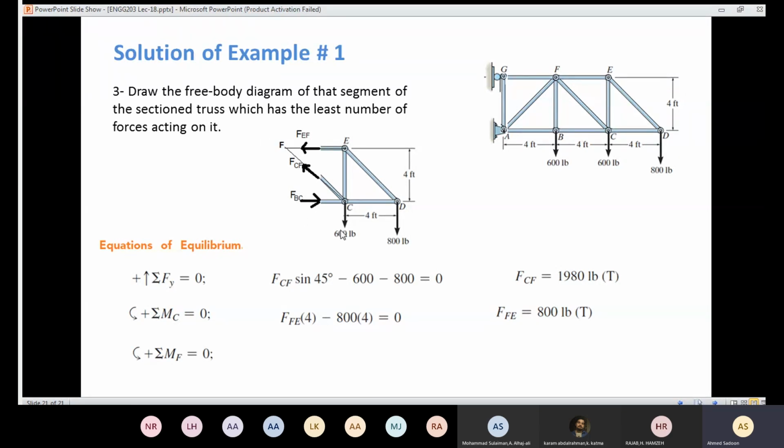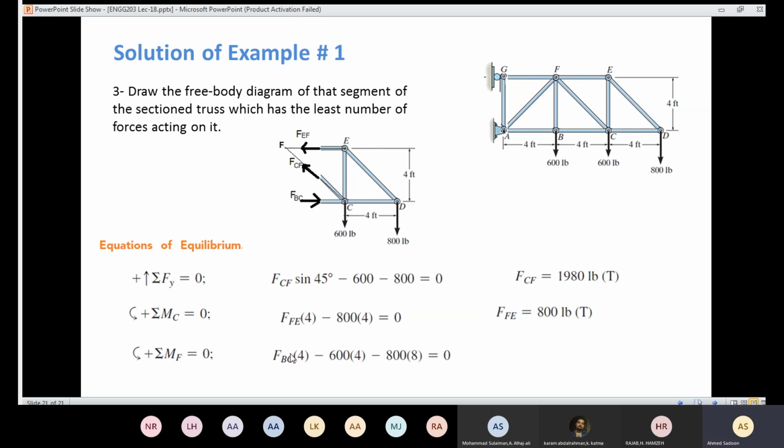For the 600 pound, if I draw the line of action here, then here is the perpendicular distance, which is 4. But the moment is going to be counterclockwise, which is negative. Regarding the 800 pound, if I draw the line of action here, then here is the perpendicular distance, which is 8 feet, and the moment is negative because we are going to have a clockwise rotation.